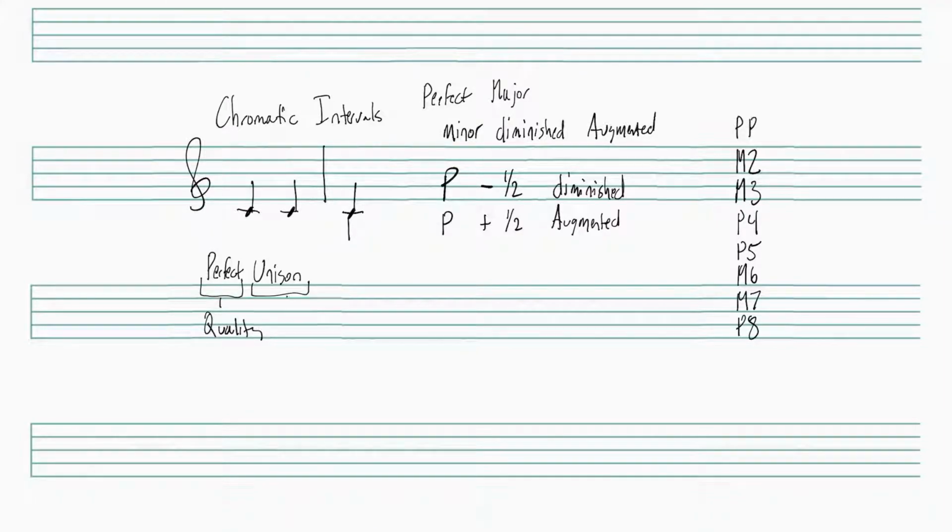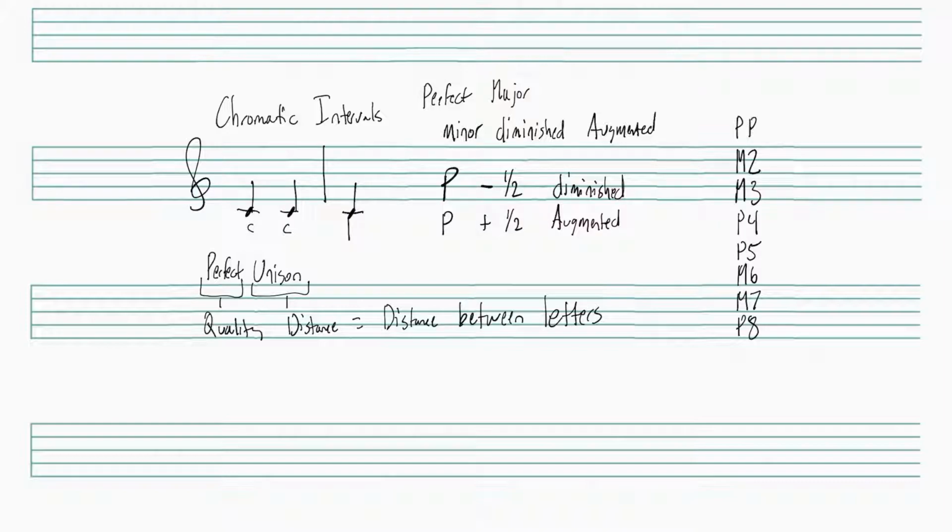The second word is the distance. And the distance is talking about distance between letters. So in this case, both of these letters are C. Even though it's the same note, we call it the distance of 1.